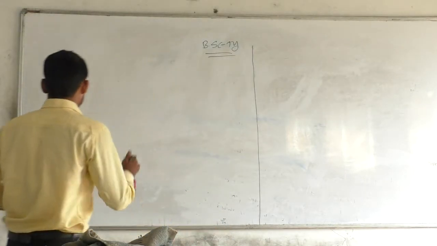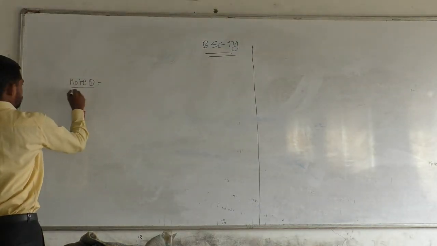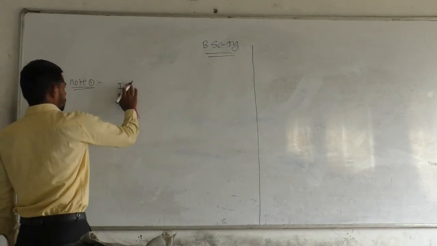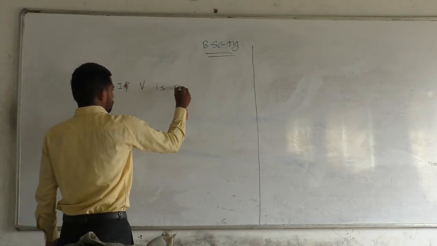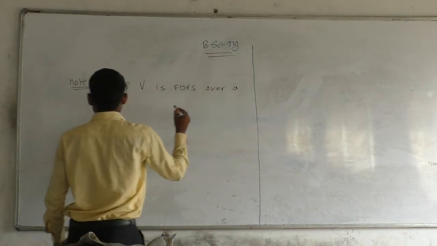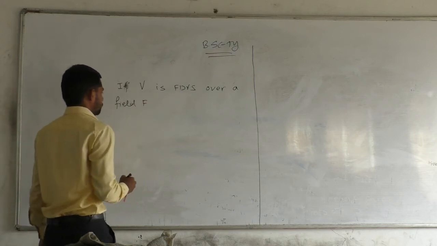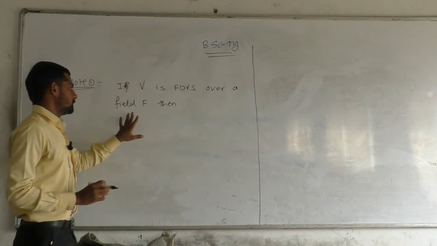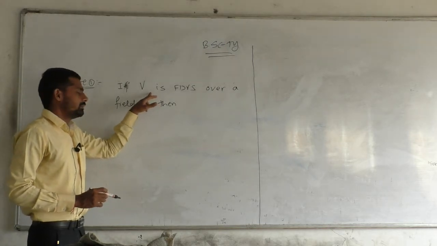Now note, if V is a finite dimensional vector space over a field F, then it contains a finite number of elements in its basis.